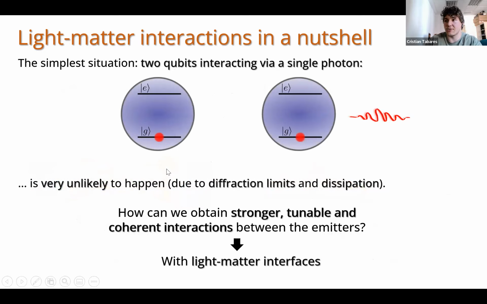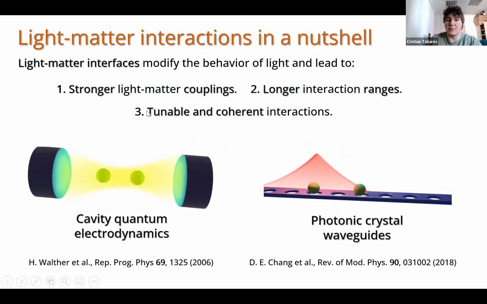As long as you simply put them a little bit far apart, these diffraction limits just simply blow up, and you cannot have an interaction. And also, and this is the most important part, you can tune these interactions so that they are coherent. You can make them not dissipative, at least up to some extent. An example of this is cavity quantum electrodynamics, cavity QED, and also photonic crystal waveguides.